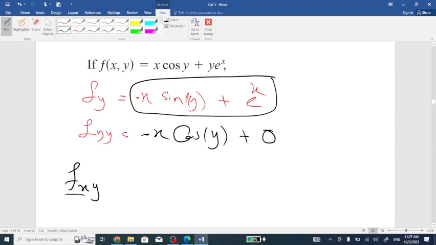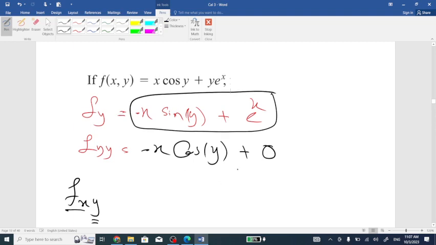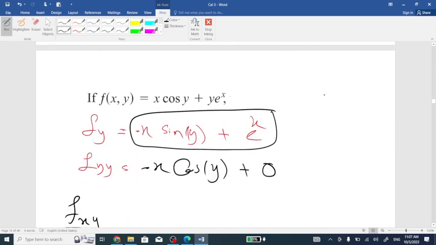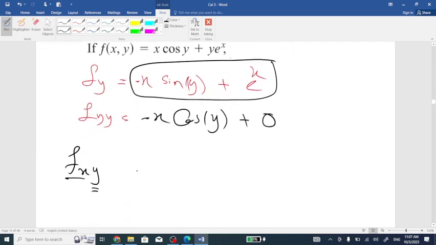Now tell me about fxy. First fx then y. We need to check. fx is equal to what? So fx is equal to cosine y plus e to the x.